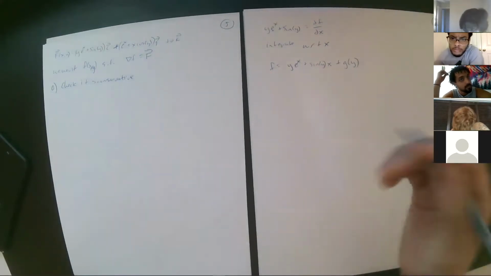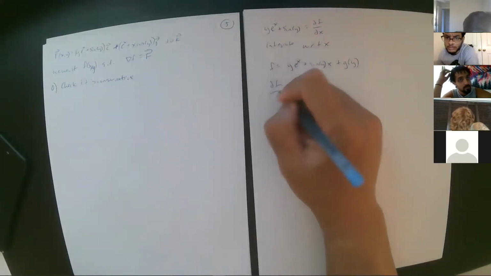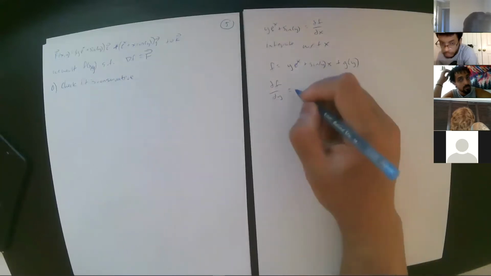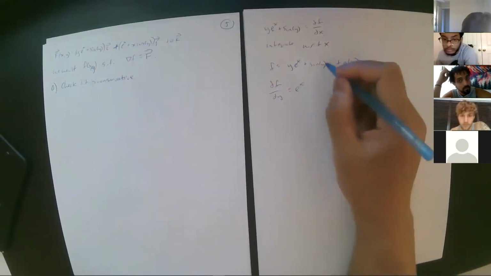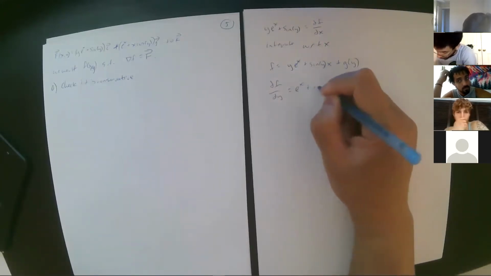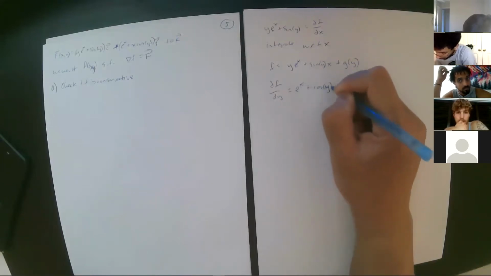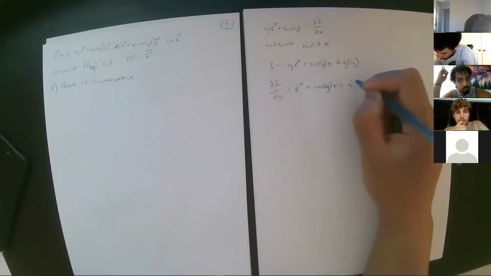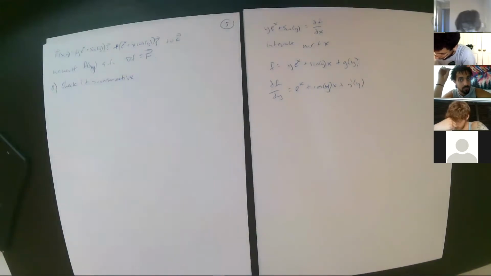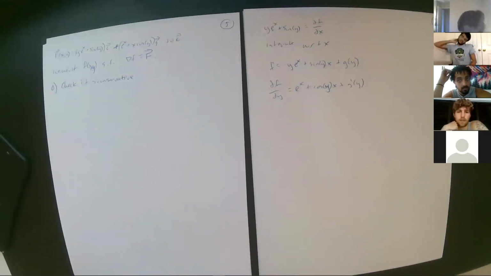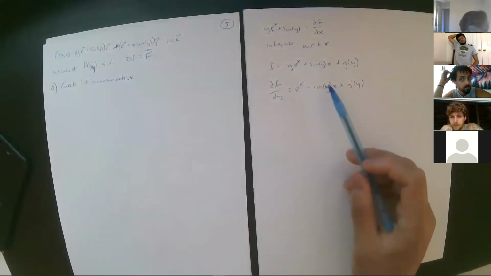Now I can take the derivative, and I get the derivative of f with respect to y is e to the x plus cosine of y times x plus g prime of y, right? And what is this equal to?